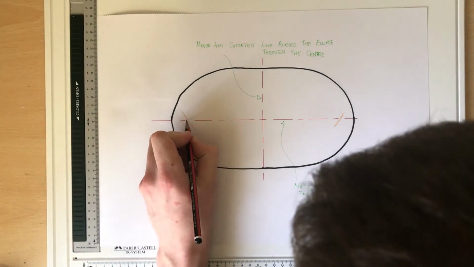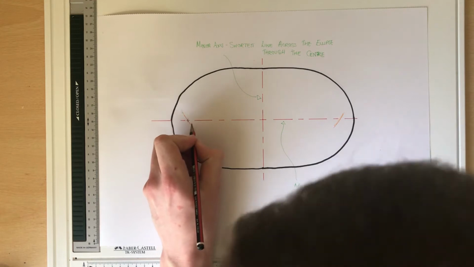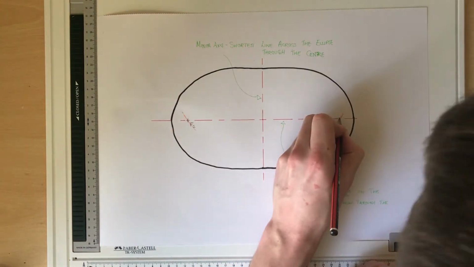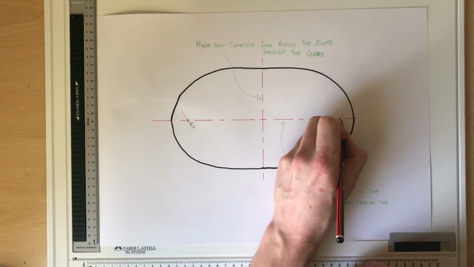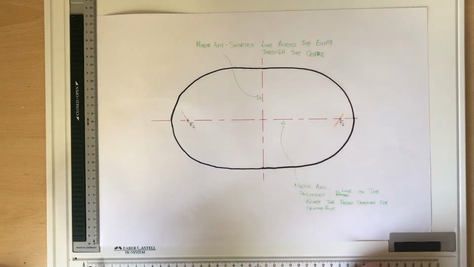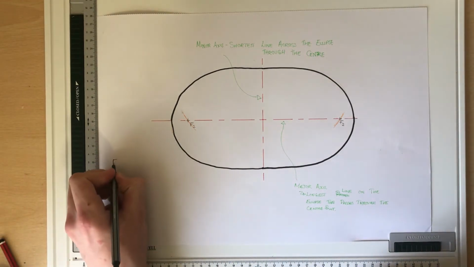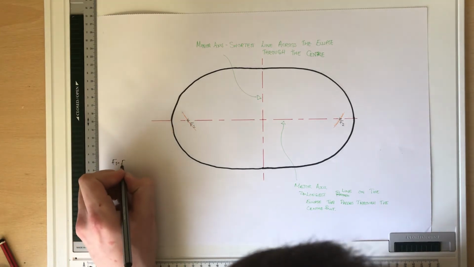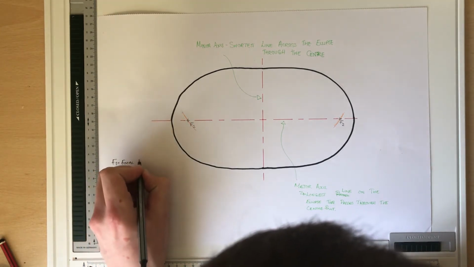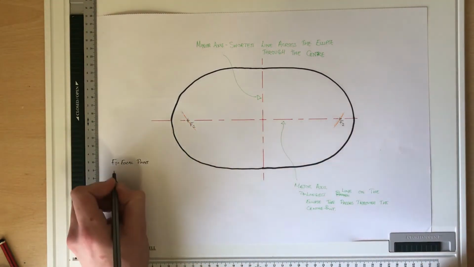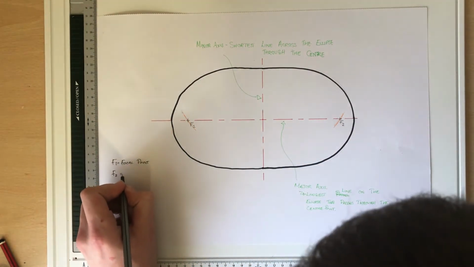So this point right here, I'm going to call it F1 and F2. So F1 is the focal point on the left, and F2 is a focal point.